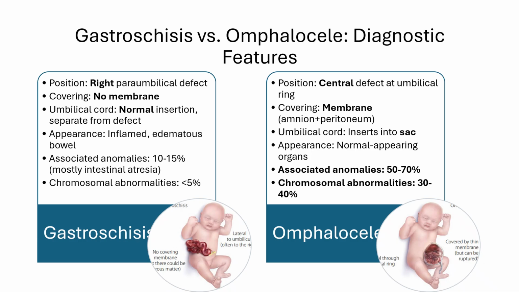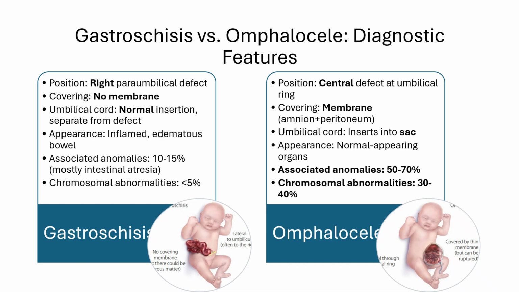The bowel appearance tells the developmental story. Gastroschisis bowel looks angry, thickened, edematous, and covered with inflammatory peel from chronic amniotic fluid exposure. The intestines appear matted together from this inflammatory process. Omphalocele bowel, protected by its membrane, appears normal and healthy.